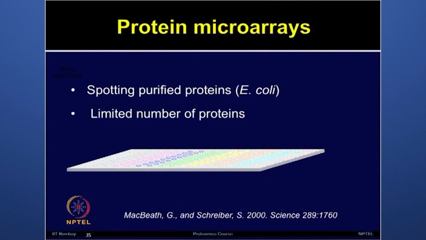Gavin MacBeth first showed the concept that proteins can be printed in a high throughput platform on the chip surface, but he used a very limited number of proteins. The limitation of this work was that it was performed on a relatively small set of proteins, which reflects the difficulty of generating proteins. We do not have an analog of PCR which could just amplify the proteins.